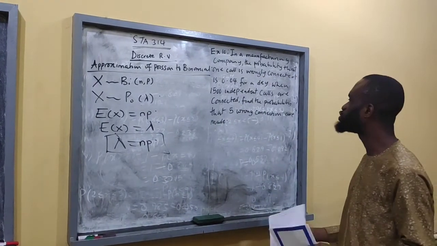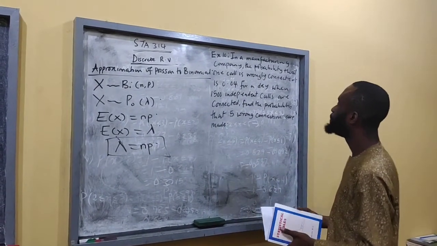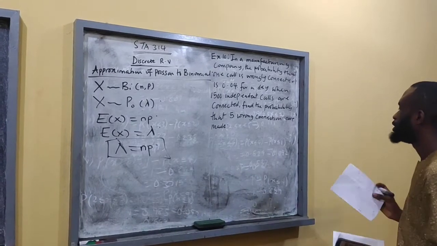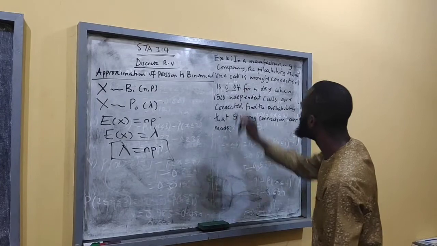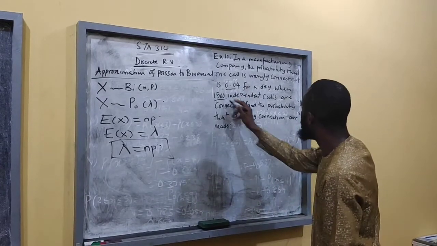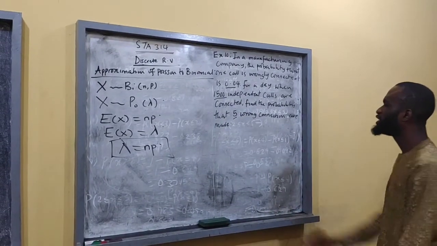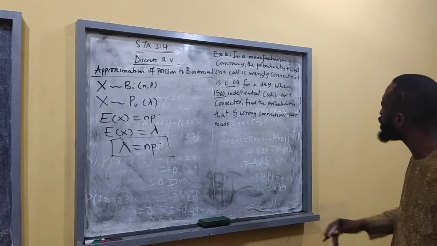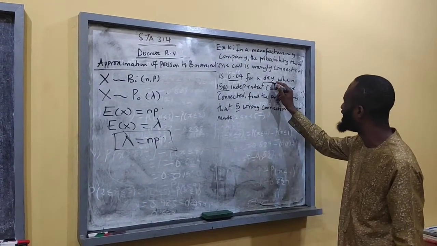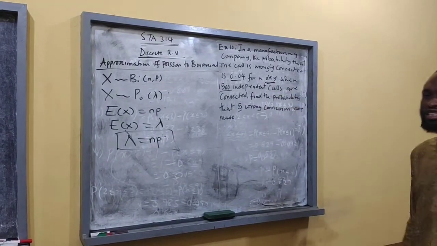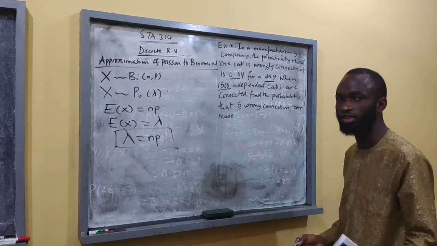Now if you look at this question, it looks like binomial distribution, because we have our p, we have our n, and we have our x. But this is not binomial distribution because a particular time is indicated, which is: for a day. That is why I said it is very, very important that you look at the question.